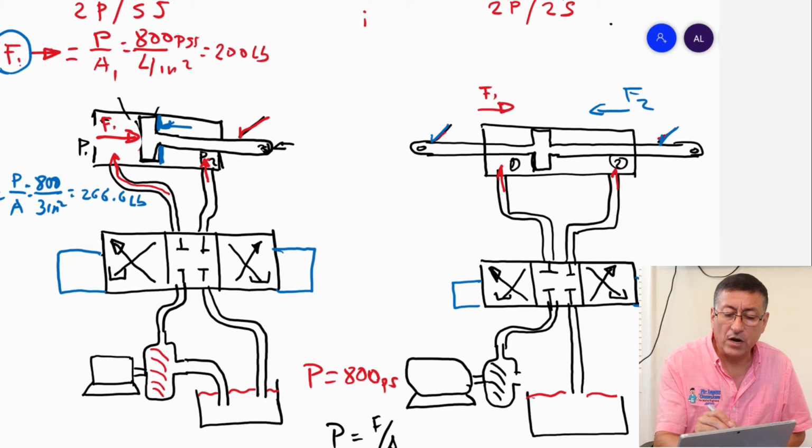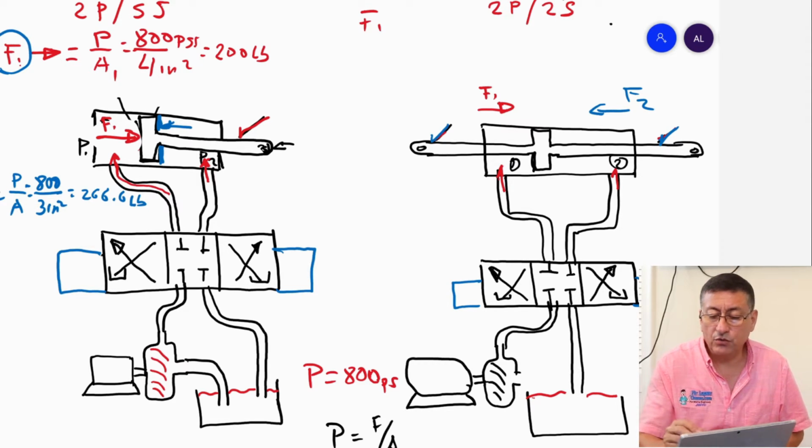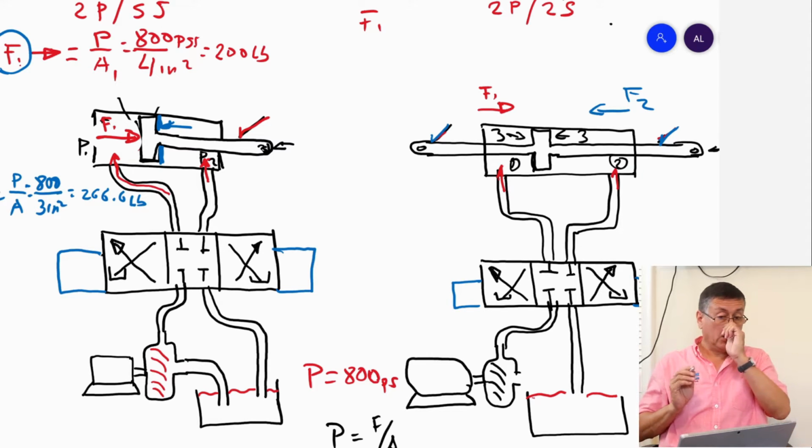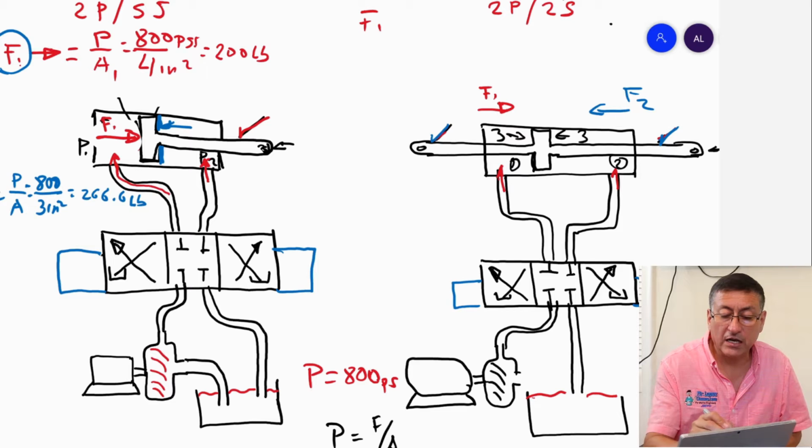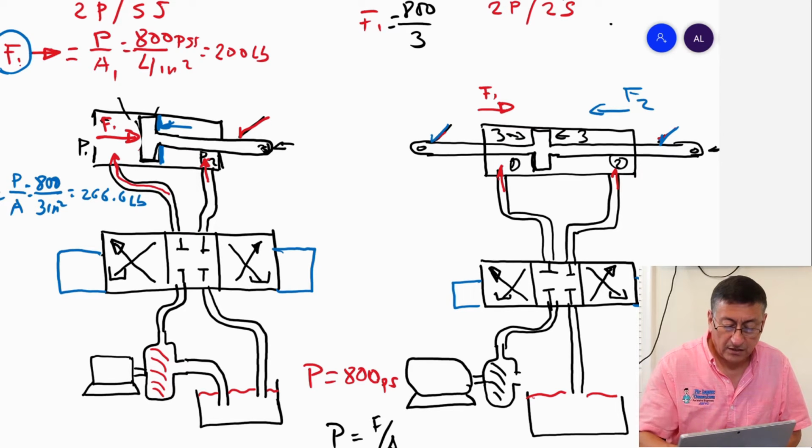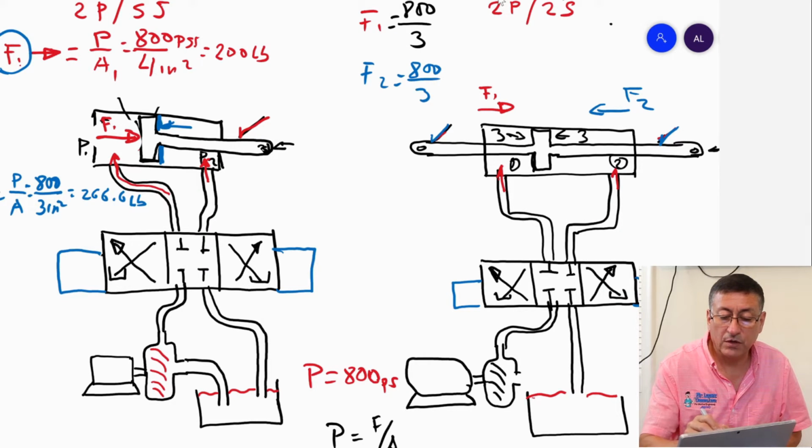We are going to suppose exactly the same dimensions. The area of the rod is 1 square inch, and this area is 3, and this area is 3. In this particular case, both forces are equal. This is 800 divided by 3, and force number 2 is 800 divided by 3 square inches.